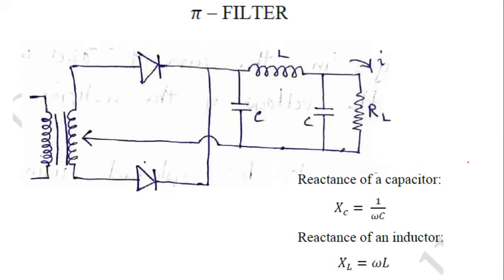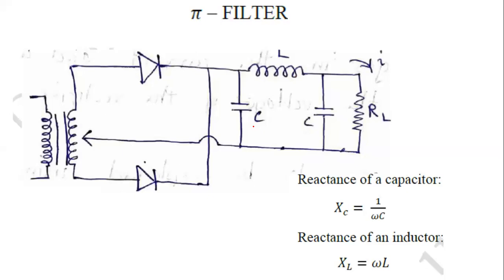And we also have what is called pi filter. In pi filter, we simply have L as well as two capacitors. When you connect one inductor in series and two capacitors in parallel, this makes your pi filter.